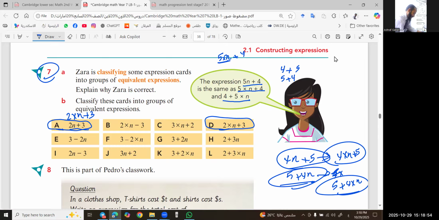No, number L, no. Number G, sorry. 3 plus 2n is the same as 2n plus 3. And number K is the same. Why? 3 plus 2 times n is the same as 2n plus 3. All of them are equivalent. Okay? Now we want to see the exercise log.